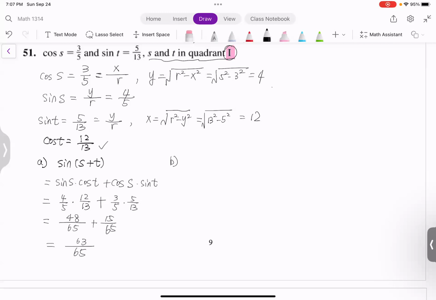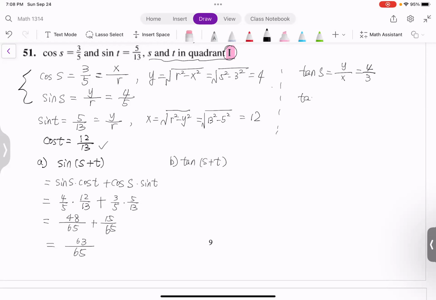How about tangent of s plus t? We need to have tangent s and tangent t. What is tangent s? Tangent s equals y over x. So for the s part, the y we have found. What is y? 4. What is x? X is 3. So tangent s is 4 over 3.